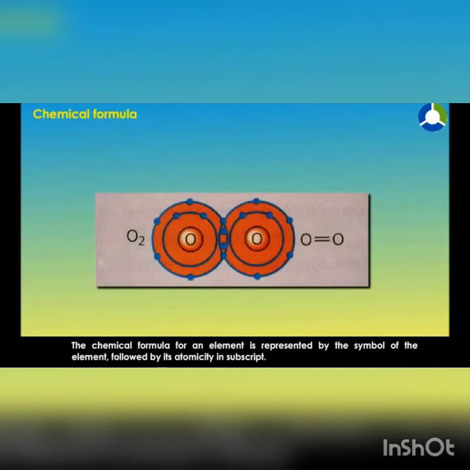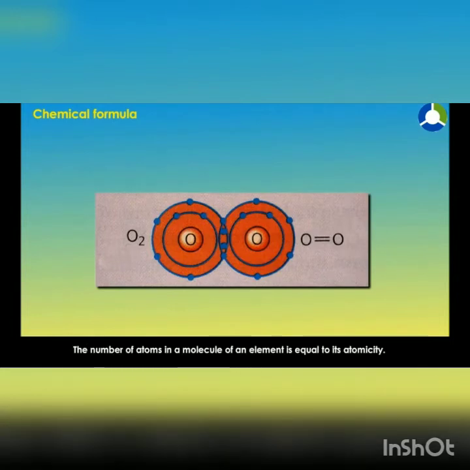The chemical formula for an element is represented by the symbol of the element followed by its atomicity in subscript. The number of atoms in a molecule of an element is equal to its atomicity.